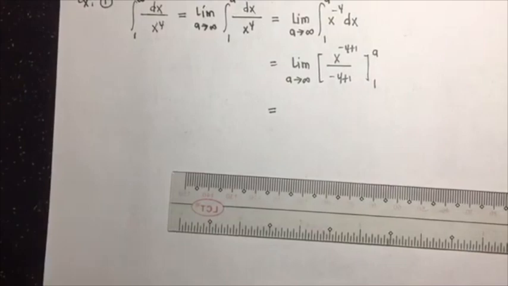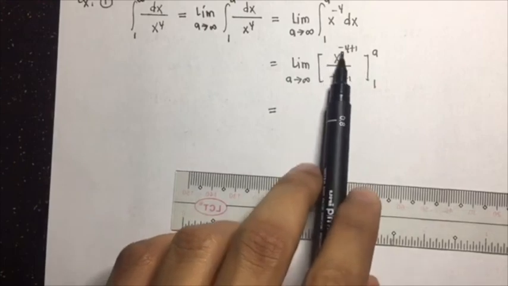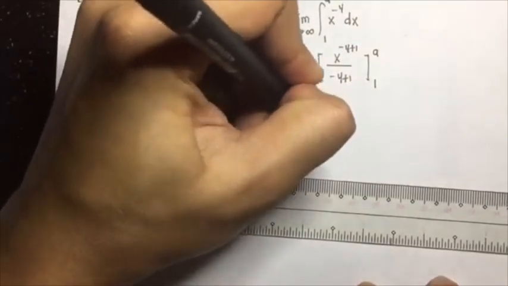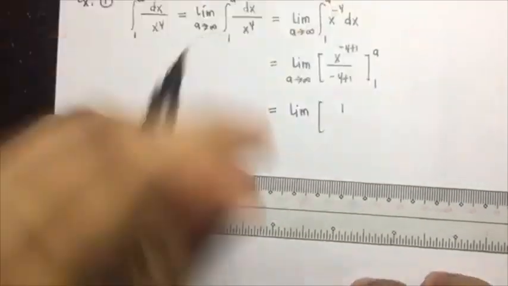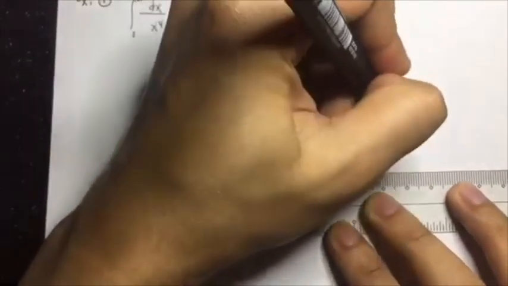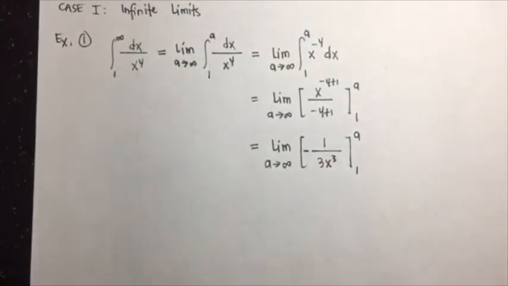If we simplify, this will be x to the negative 3 over negative 3, or negative 1 over 3x cubed, from 1 to a as a approaches infinity.